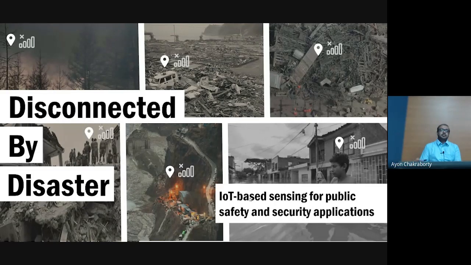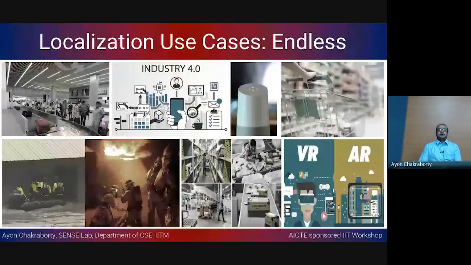I thought that this could be a very important real life use case where location tracking is of paramount importance. Okay. And there are many more use cases, as I have shown, where a lot of places here are already localization enabled, and then there are many situations, for example in the airport we do wait for our baggages to arrive, right, and often we do not have any idea when exactly the baggage is going to arrive.